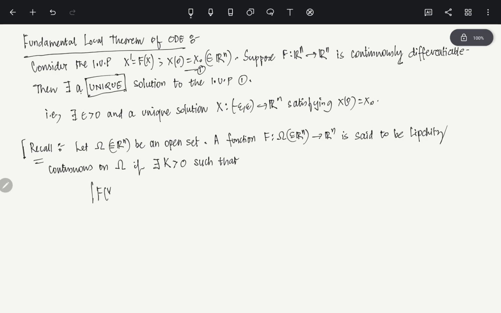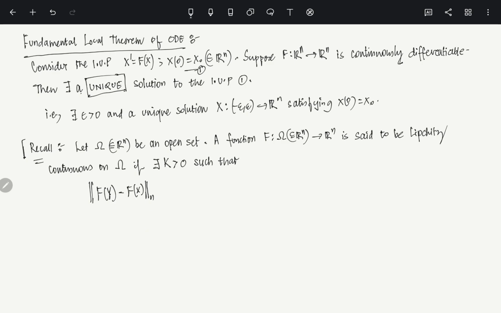norm of f(y) minus f(x). So please understand this, f(x) and f(y). F is an Rn to Rn function, right? It's a vector field. So whenever I am saying f(x) minus f(y), this element is in Rn, this element is in Rn. So I am taking the difference of two vectors and I am taking the norm of that. So this norm, think of it as a norm in Rn.